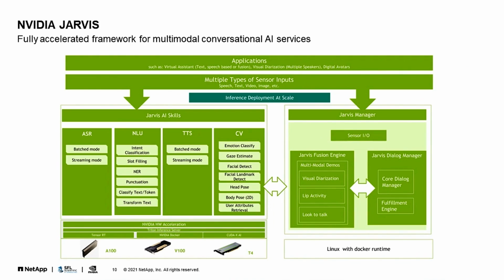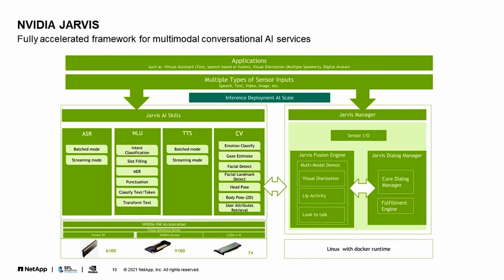Jarvis architecture. So starting from the top, we have client applications send and receive signals to Jarvis through gRPC endpoints. There are two main components of Jarvis. On the left side, we have the Jarvis AI skills, which can be accessed separately and thus provide independently ASR, NLU, TTS and CV services to the client.